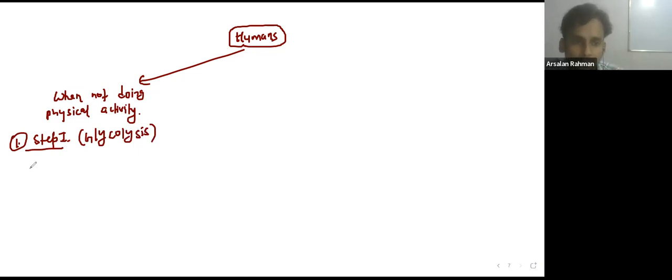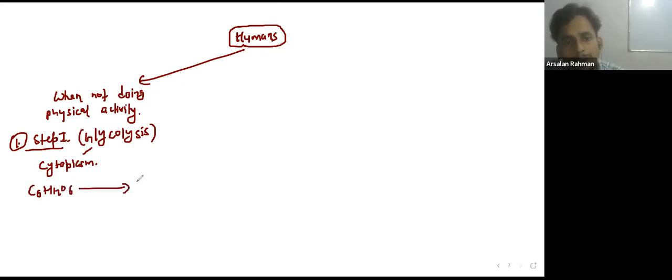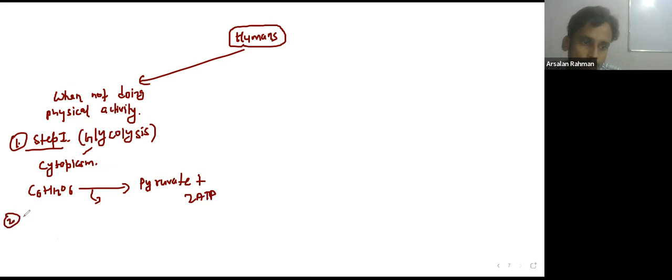It will happen in the cytoplasm. In glycolysis, C6H12O6 will produce pyruvate and 2 ATP. In step two, the Krebs cycle plus ETC will happen in the mitochondria.